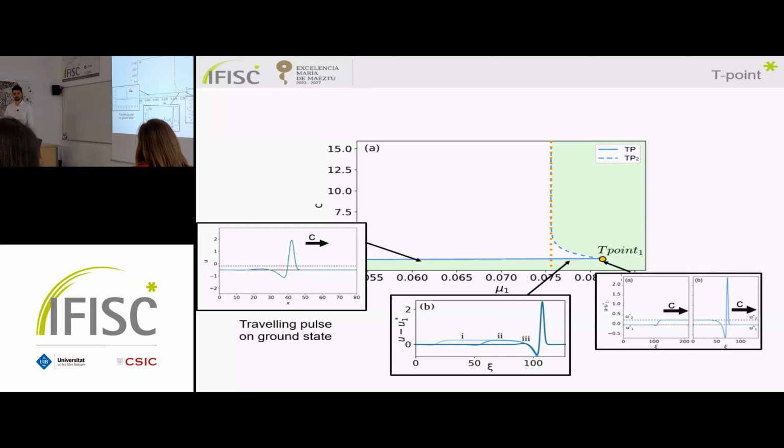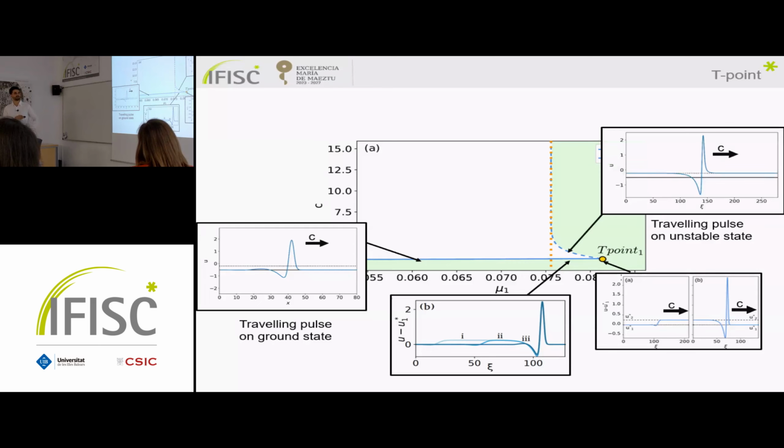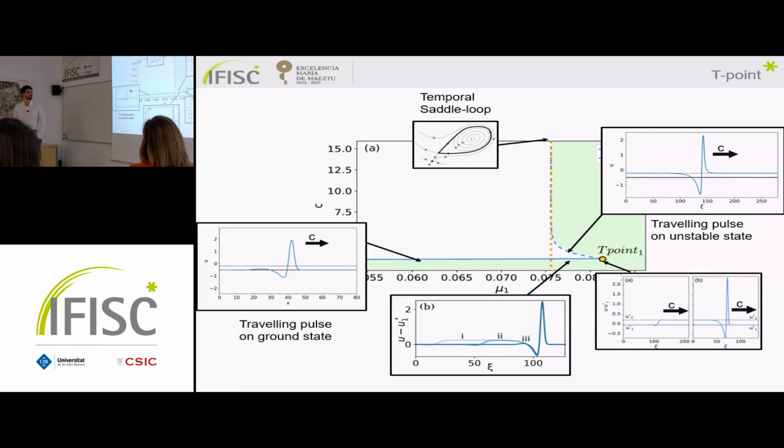From there, another kind of solution emerges, unstable pulses, which can be followed until we arrive at the temporal saddle loop bifurcation, or the bifurcation that created the local excitability in the first place. This convergence occurs for infinite velocity, where the local dynamics are recovered from the moving spatial dynamical system framework.